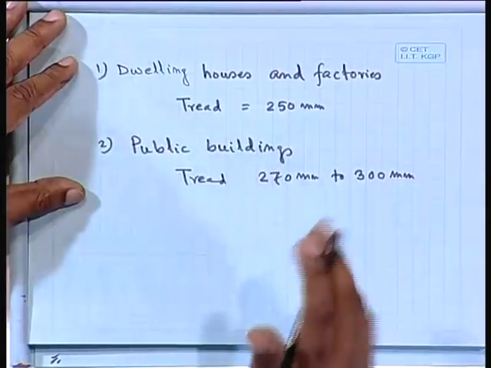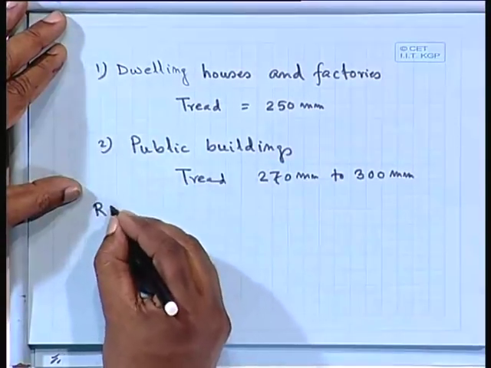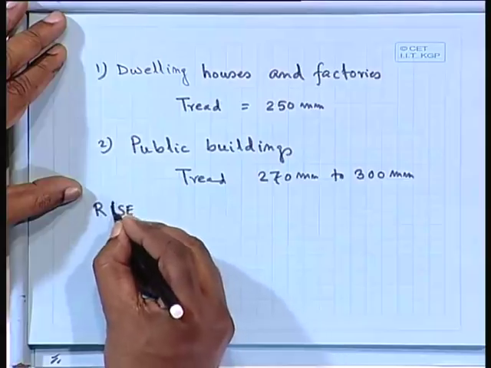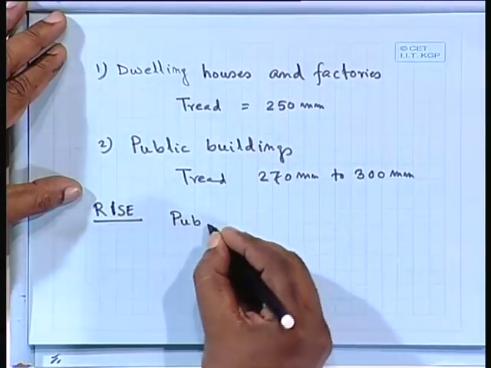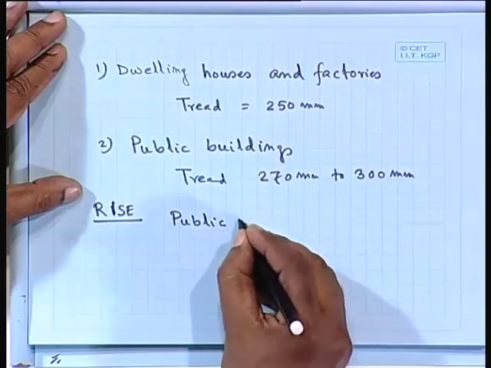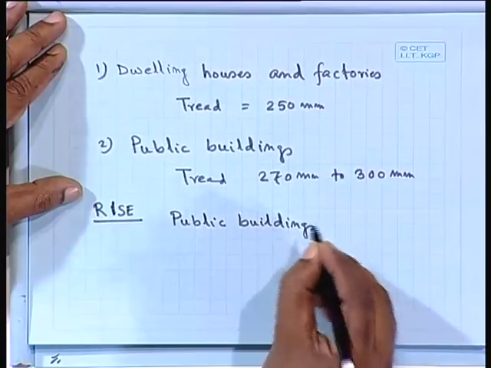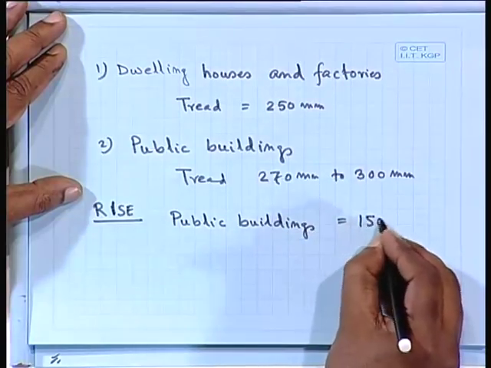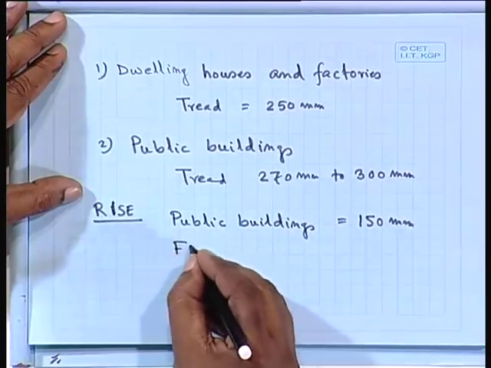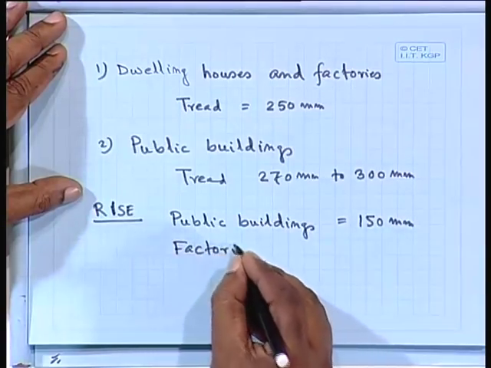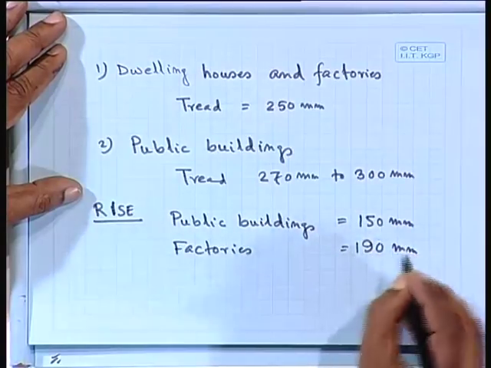So, that is the horizontal portion. What about the rise? For public buildings it will be say 150 millimeter, and for factories we can go a little higher, 190 millimeter.